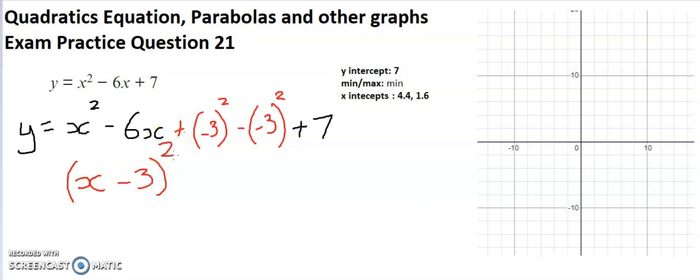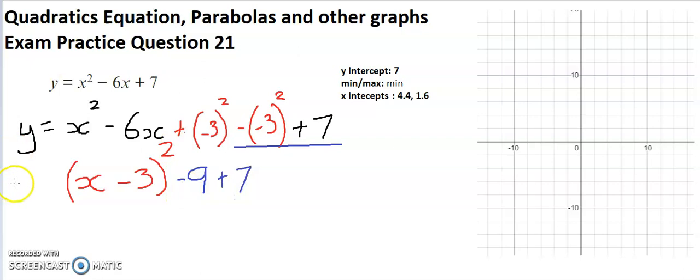So I know what my x is going to be, but I still need to work out my y, because that leaves me over here with this part right here. So I'm just going to solve that. Negative 3 squared is 9. So I've still got the negative in front of the brackets, negative 9 plus 7.